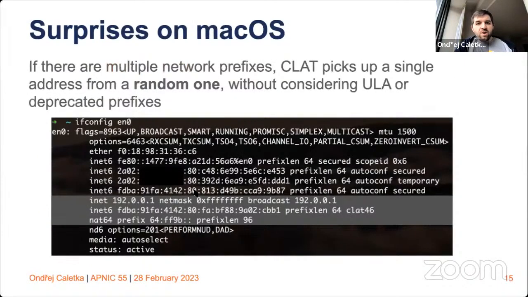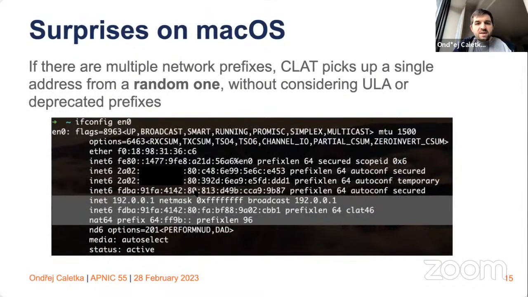Also, if you run it on macOS, there are some interesting features, or maybe even bugs. First of all, if your network has more than one network prefix, the CLAT engine will choose one basically randomly.